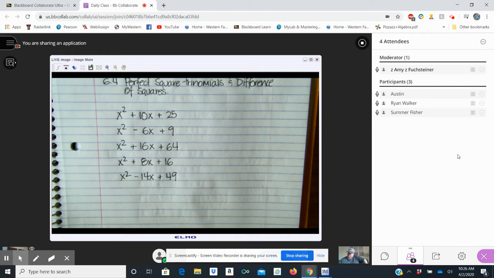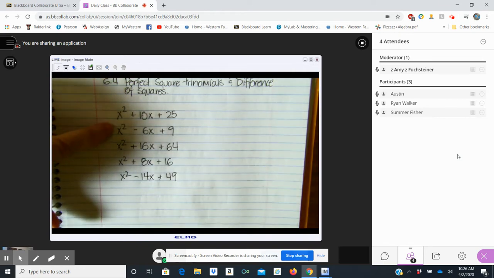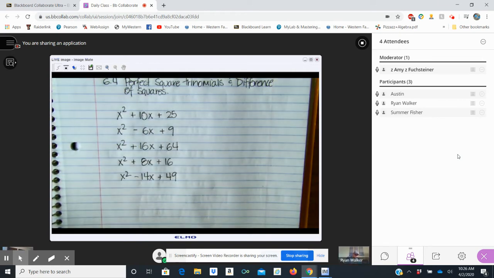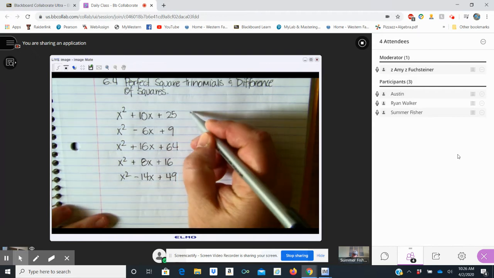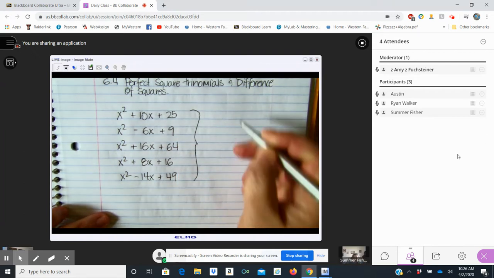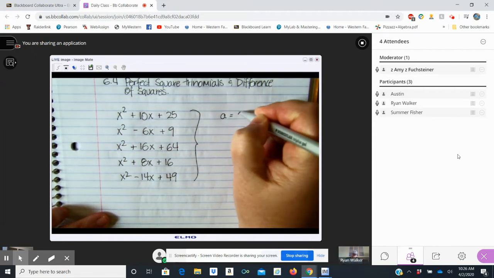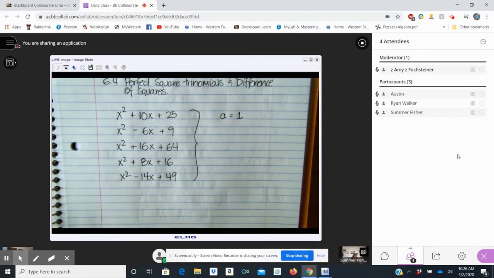Looking at these 5 trinomials, what do they all have in common? True enough.